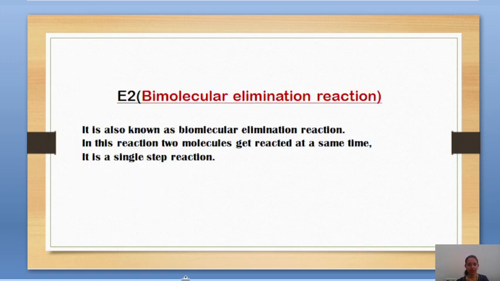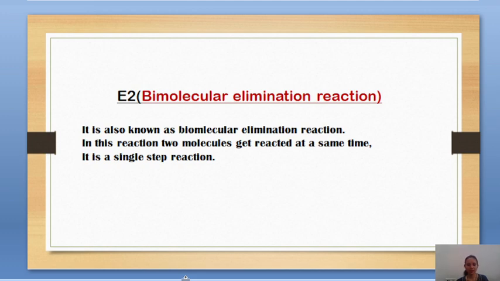Now let's check the E2 reaction. E2 stands for bimolecular elimination reaction. Just like E1 is unimolecular, E2 is bimolecular. So why is E2 a bimolecular elimination reaction? Because in this reaction, two molecules react at the same time, and it consists of a single-step reaction.